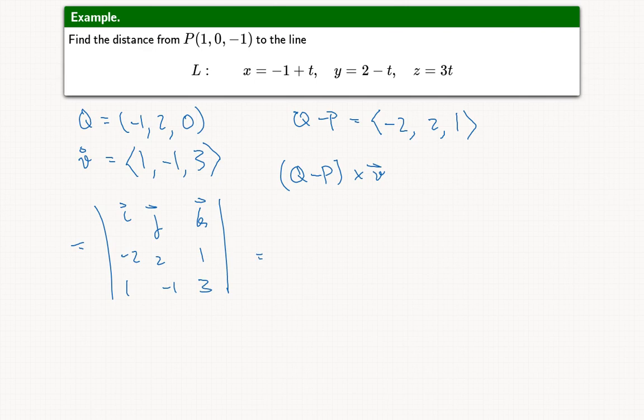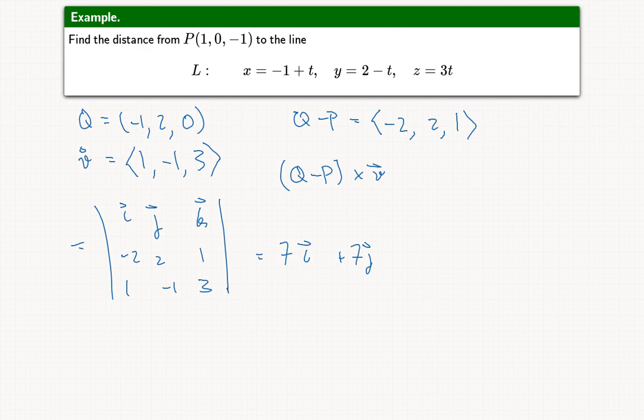So that becomes, let's see, 6 plus 1, that'll be 7i, negative 6 minus 1, that's minus negative 7j, and then that's 2 minus 2. So it's just 7i plus 7j.